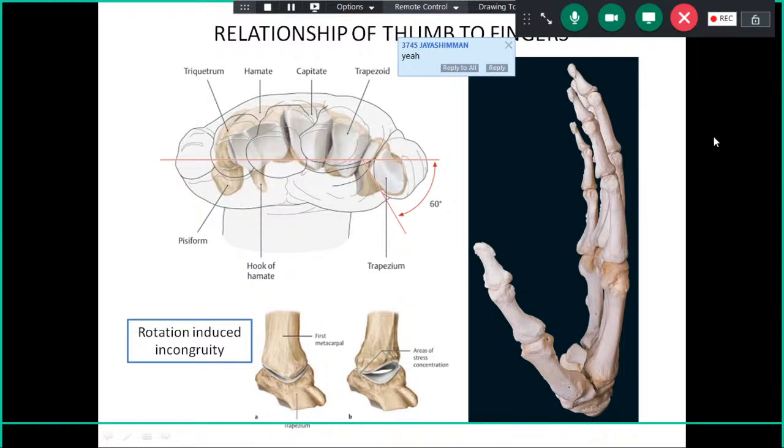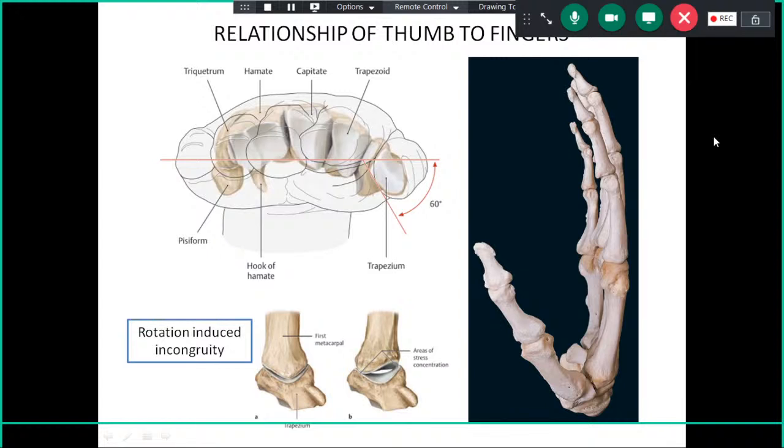See, this is the inferior surface, the base of the first metacarpal, and this is the trapezium. When there is a bit of flexion, any kind of movement happening, the bases become incongruent. I told you, whenever it tries to flex, it is associated with a bit of rotation. Can you see?